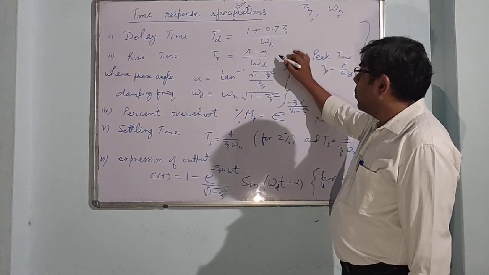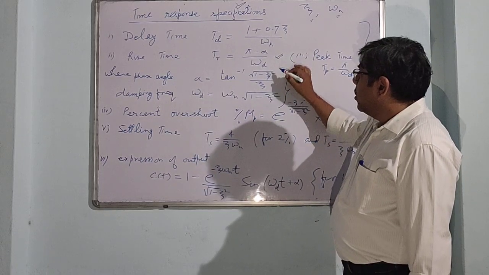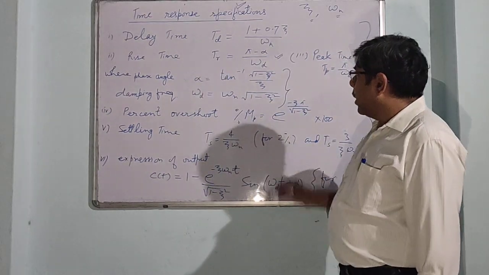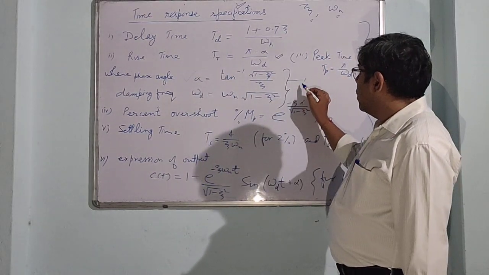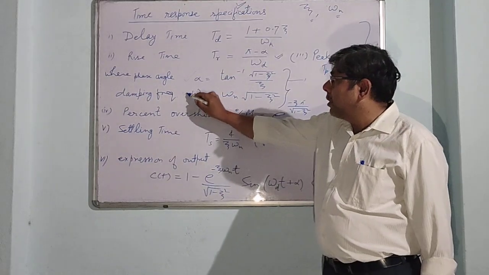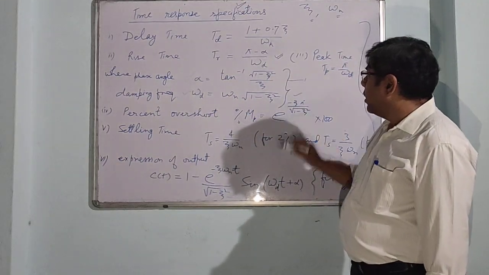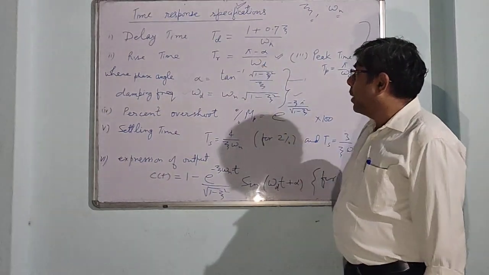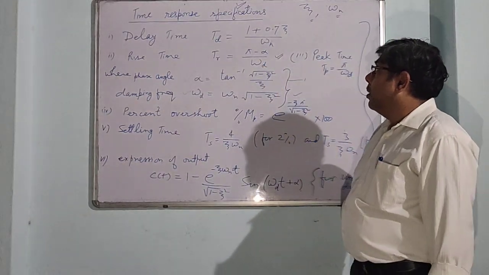To calculate rise time, we have to calculate these two parameters. First, phase angle by this expression, and second, damping frequency by this second expression. Then we can calculate rise time by using pi minus alpha upon omega d.